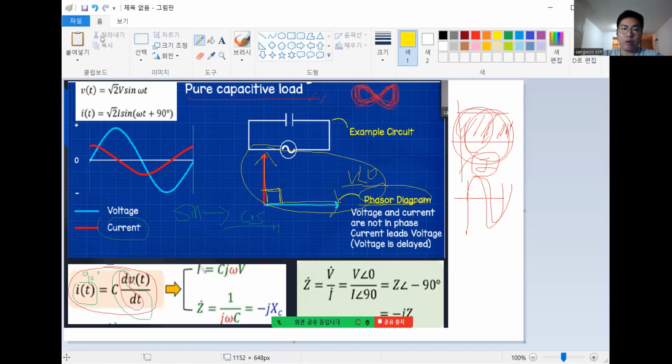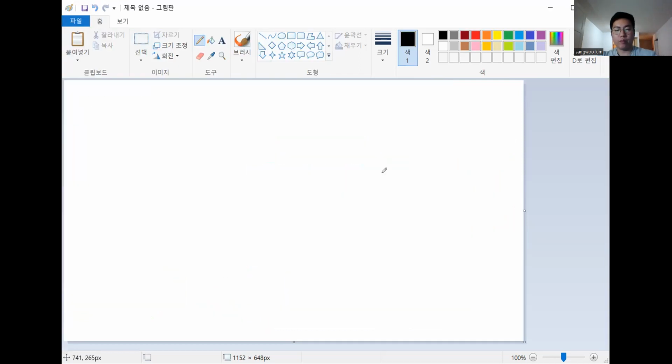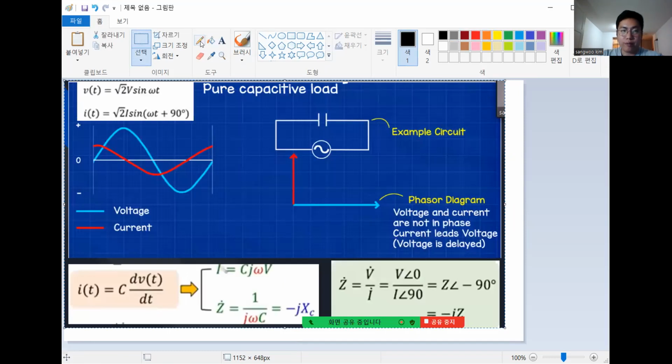And let's go over more. And look at that here. Now we know I is 90 and V is 0, right? So Z, the impedance, is going to be minus 90 degrees.